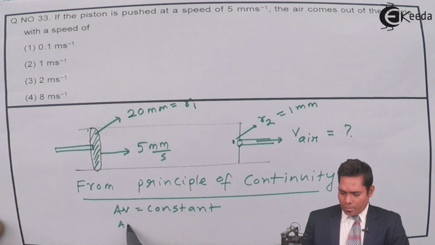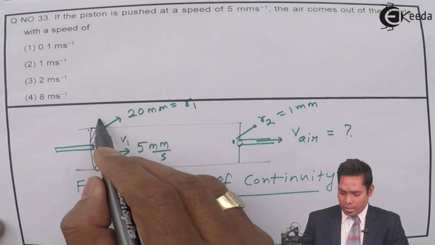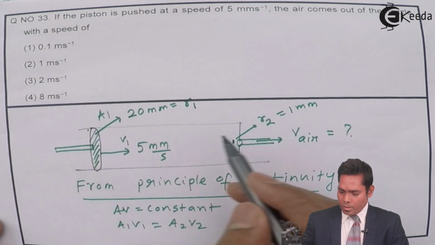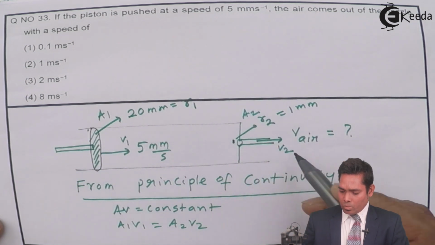That means A1 V1 must be equal to A2 V2, where V1 is the velocity at this end with area of cross section A1, and here the area of cross section is A2 and the velocity is V2.